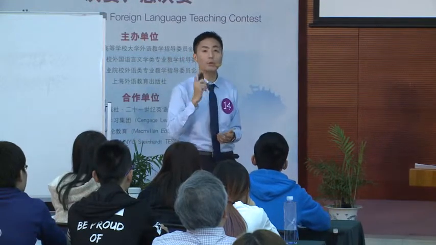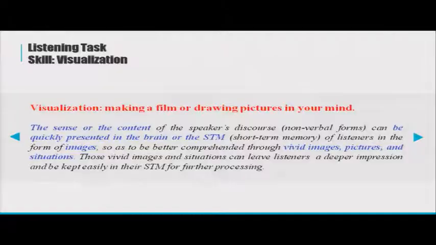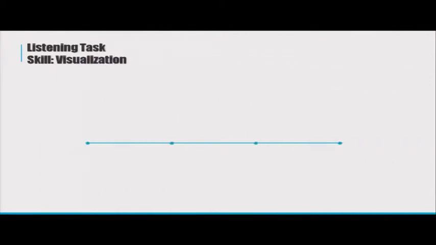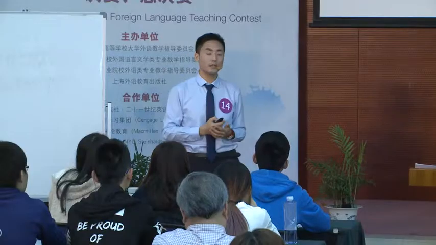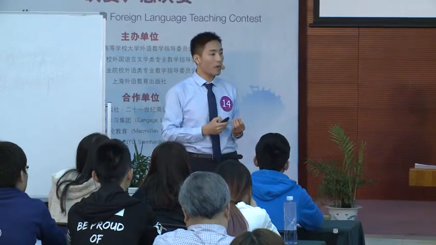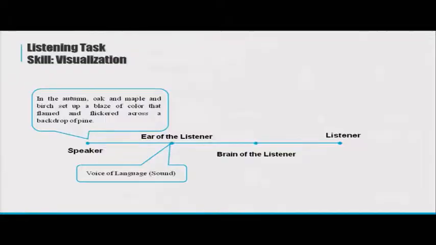And I will use one sentence to explain it. Visualization means making a film or drawing pictures in your mind. So how does it work? I will give you further explanation. Now, speaker, the young lady; listener, the rest of you; the ears of the listener and the brain of the listener. So when a speaker is speaking the sentence, the voice is transmitted into your ear.